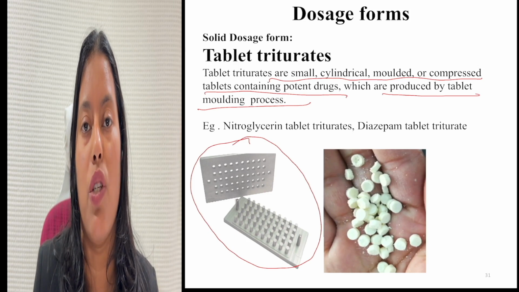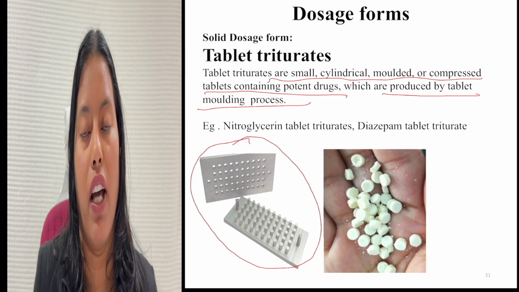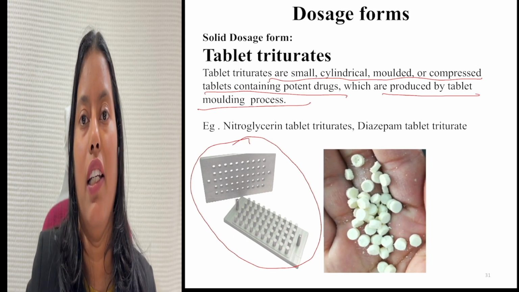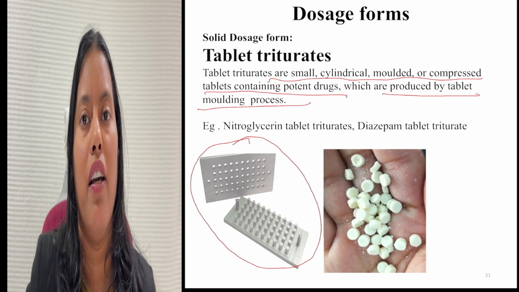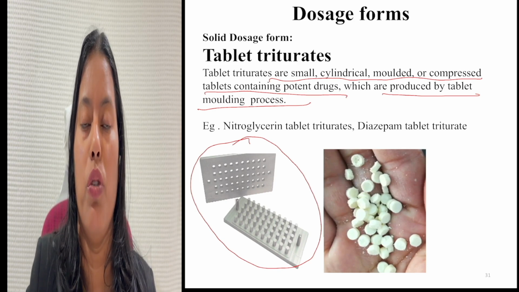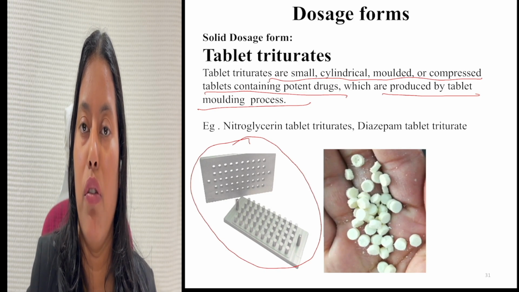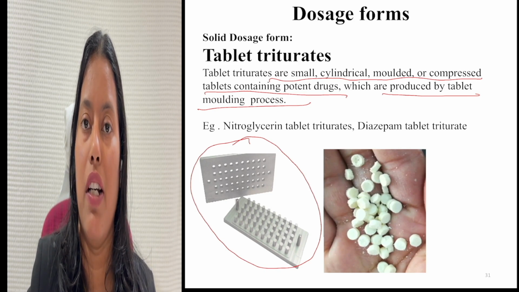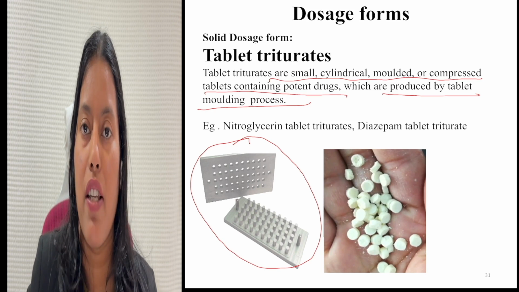You can see in this diagram the tablet triturate mold, and in this mold you have two plates, one with cavities and one with pegs. The drug is mixed with the diluent and most probably alcohol is used as a binder, because here compression force is not used and the tablet needs to dry faster.